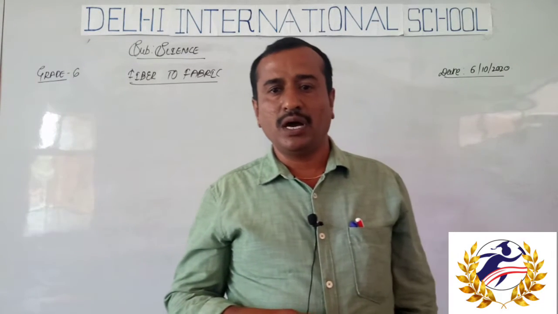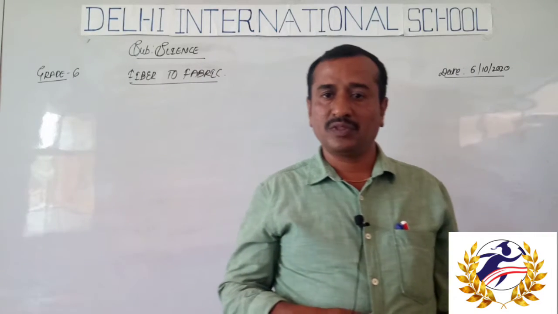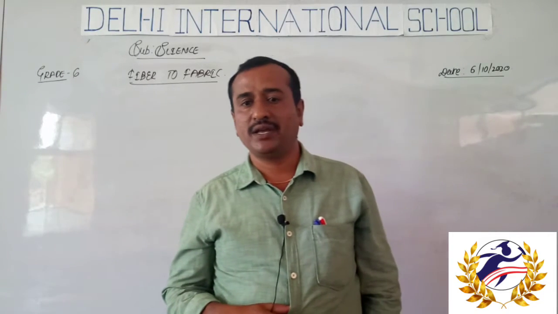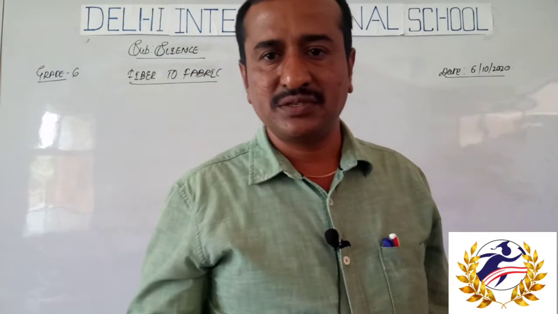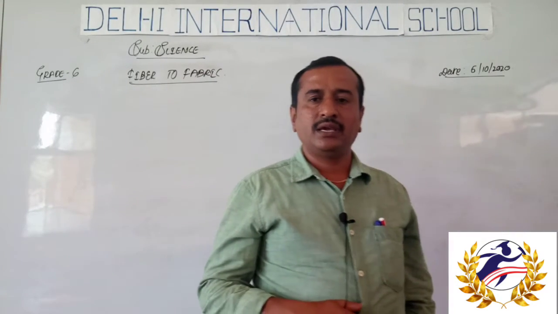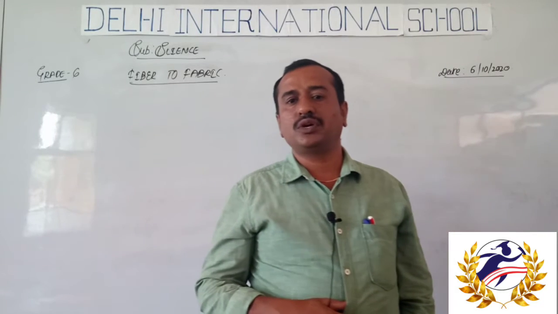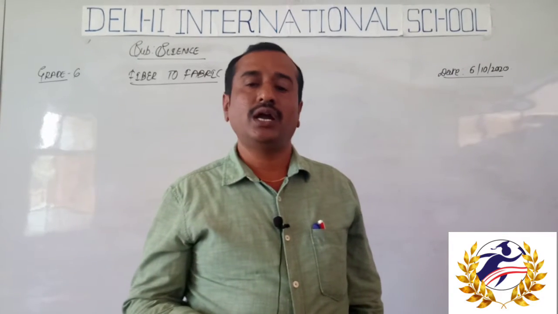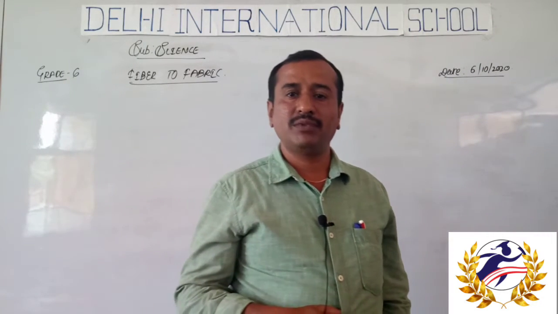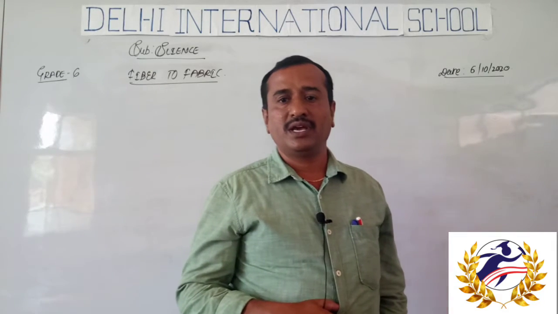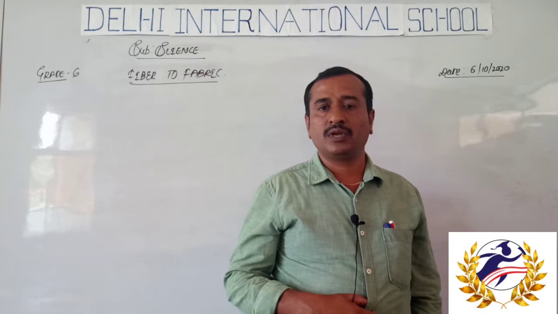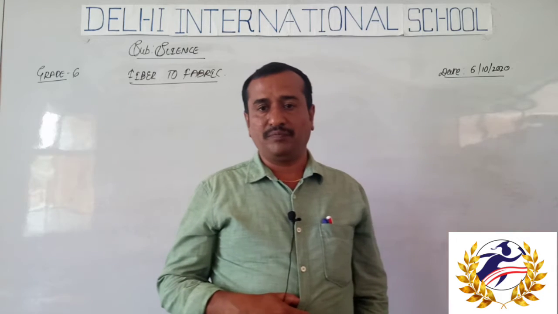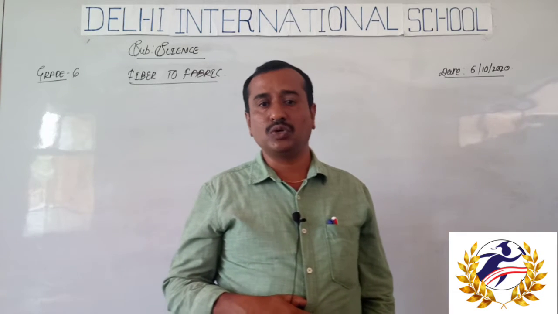Come to the next part of the lesson. There you are going to study how cotton fibers are obtained. You might have observed in the cotton fields, right? Cotton is usually grown in black soil and warm climate. The climate required is warm, and black soil is good to grow cotton. It needs less water in order to grow.